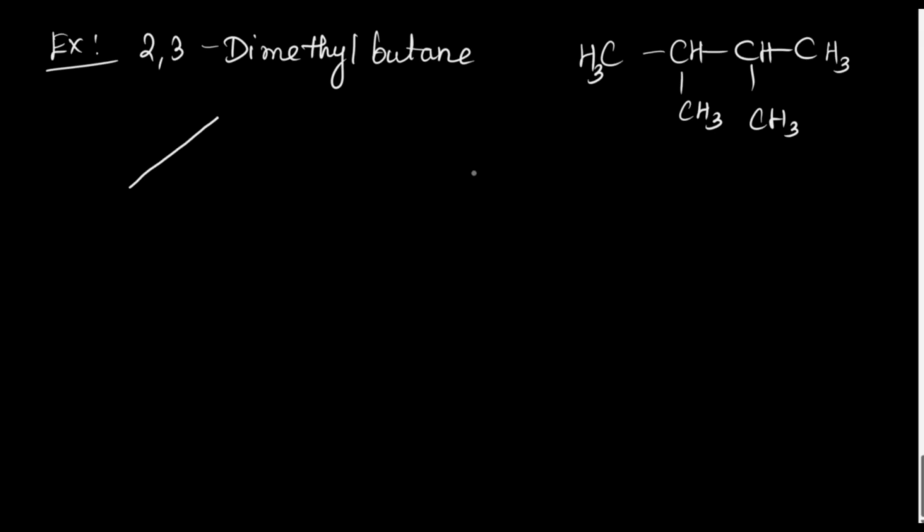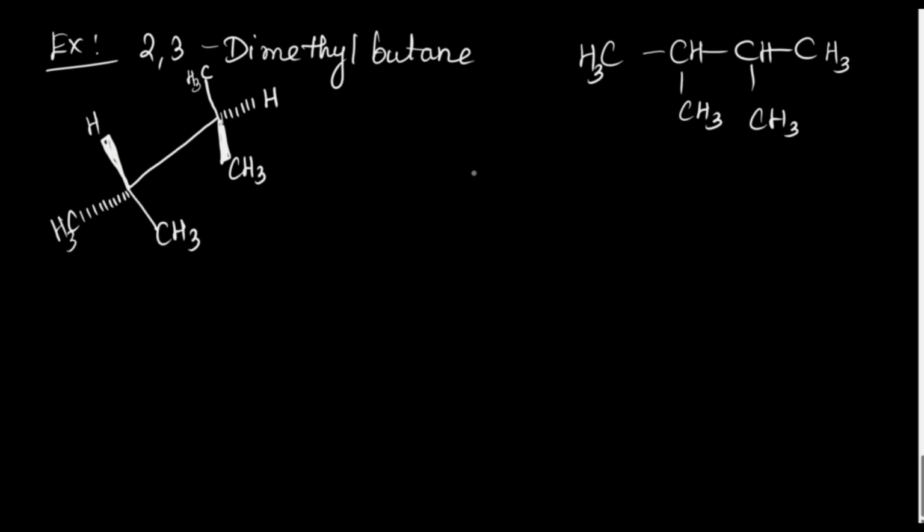So let's say I am having hydrogen behind the plane, 1 CH3 on a solid wedge, which is towards you, and for the other carbon, hydrogen is towards you, CH3 is away from you, and 1 is in the plane.